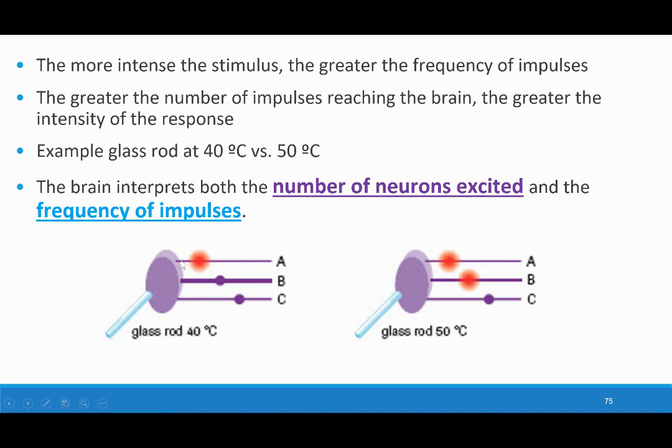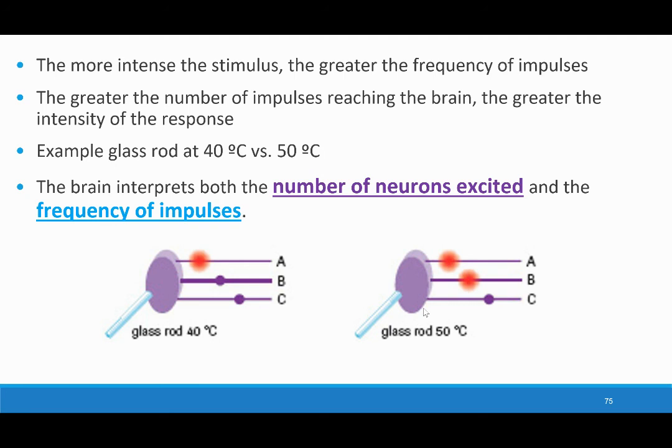Well, maybe one neuron is being excited here and one neural pathway is sending signals to the brain for processing. Whereas if you have a glass rod at 50 degrees, now you have two neural pathways sending signals. And so as you increase the temperature, more neurons are getting excited and sending nerve impulses to the brain. So your brain can interpret the number of different neural pathways sending signals to the brain.